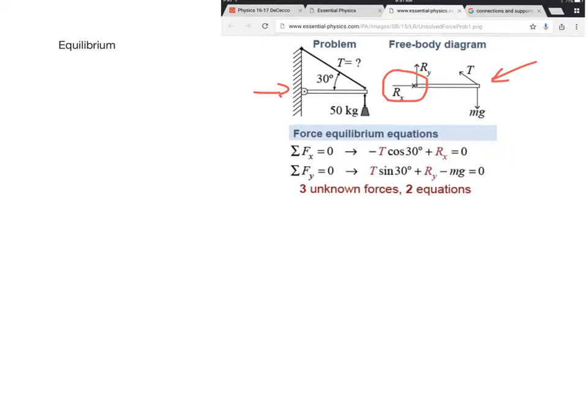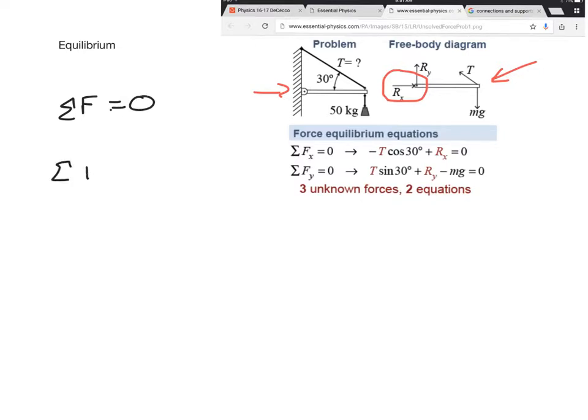In order to continue, we need to define what equilibrium is. Specifically in this chapter, it's static equilibrium, which means there is no motion whatsoever, so not even at a constant speed. When an object is in static equilibrium, the sum of all the forces equals 0, in the X and Y direction.